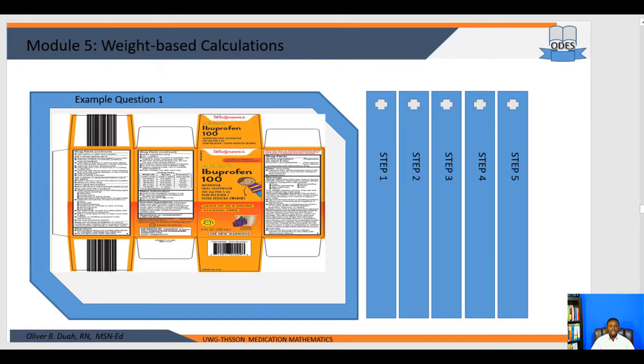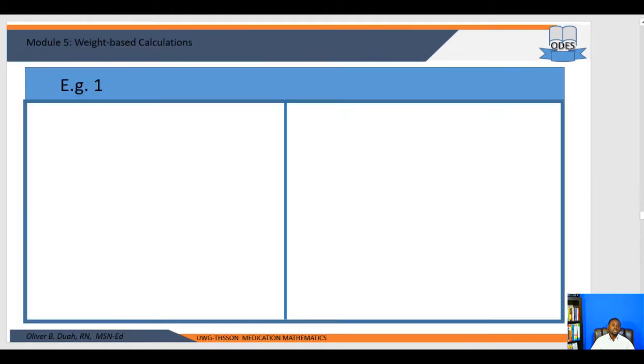Looking at this drug label, we note that the concentration is 100 milligrams per 5 ml. So, to solve for the amount of medication we need to give or administer to the client, let's go ahead and write down the variables in this question.